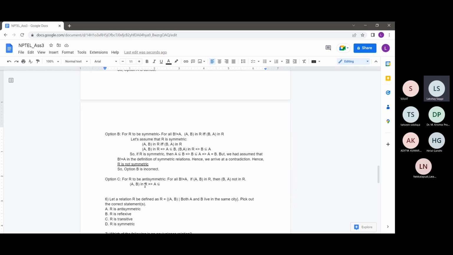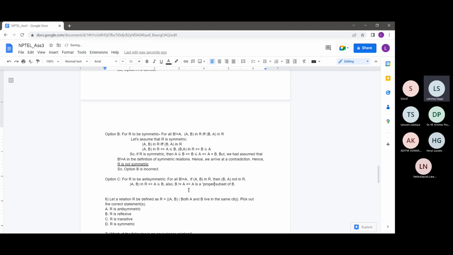So how will we go about this? Let's check what is given to us. A comma B is in R, so this means that A is a subset of B. We also know that B is not equal to A. So this basically means that A is a proper subset of B. This proper word is important.